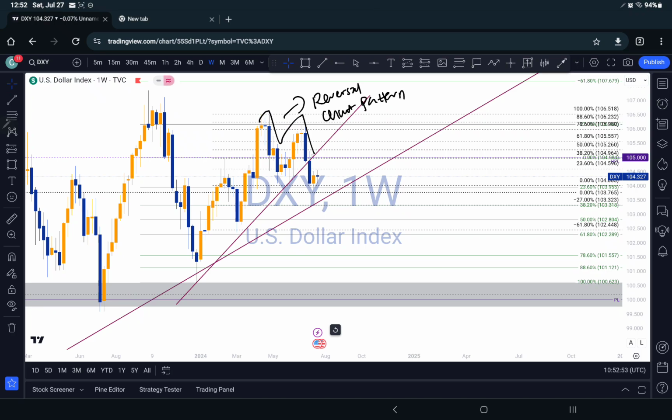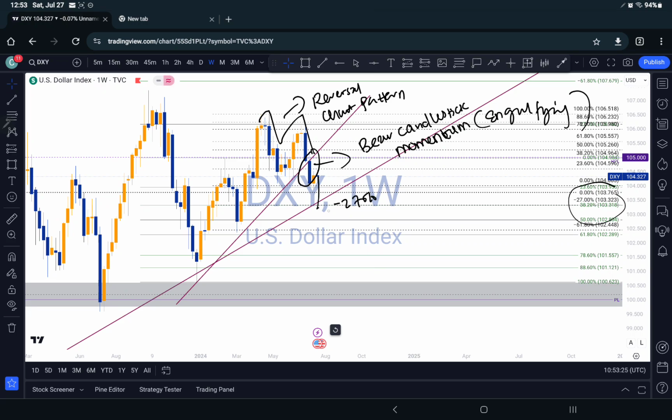We broke this candlestick with this beautiful bear candlestick momentum, which is an engulfing candlestick. So I'm still predicting it to at least come down to my negative 27% fib level, which is also a possible touch of the trend line, as you can see as well.